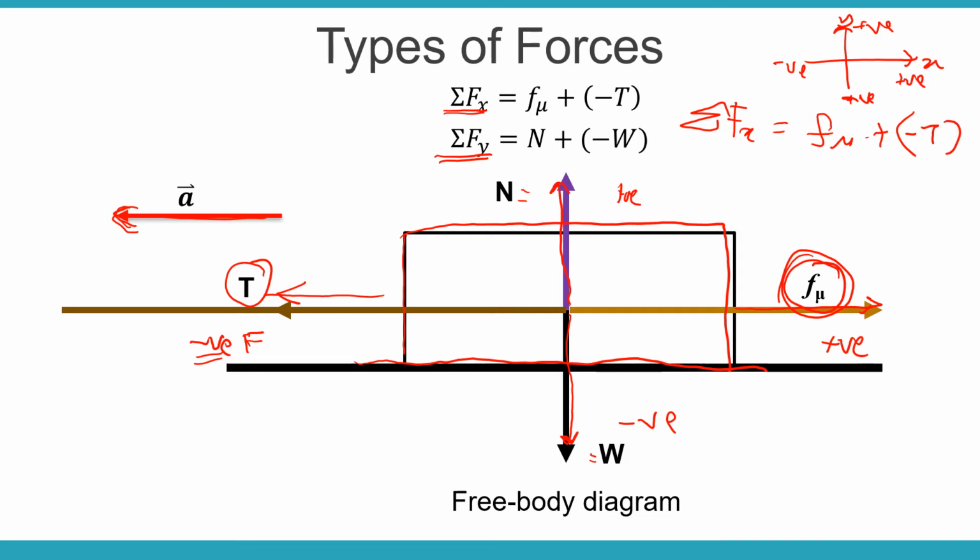Okay, so sama juga dengan untuk Fy. So summation of Fy is equal to, Y kita ada N dan juga W kan. So kita tahu N tadi adalah positif, tambah dengan W berada di kedudukan negatif. Okay, so this is how you want to sum the total of force.